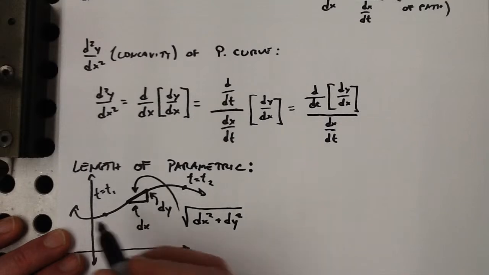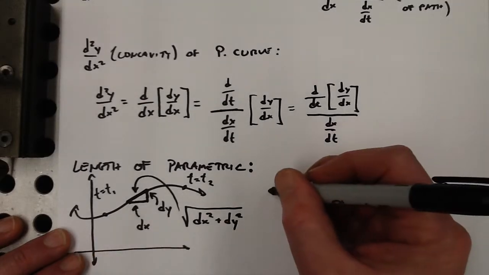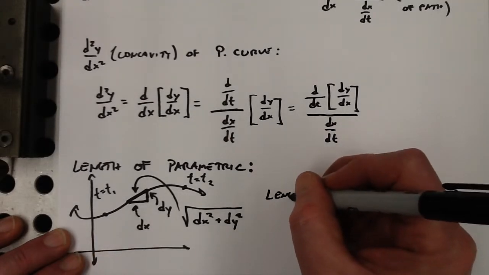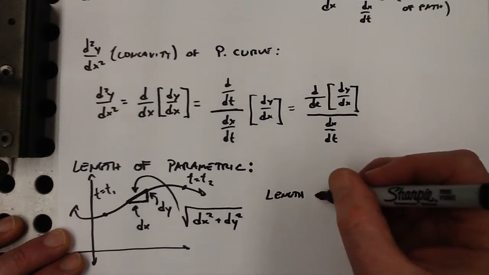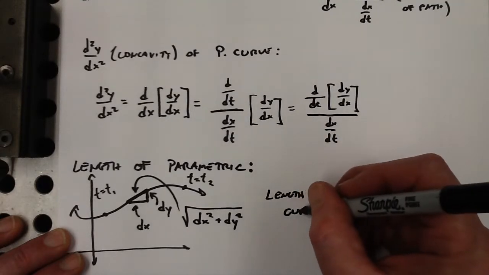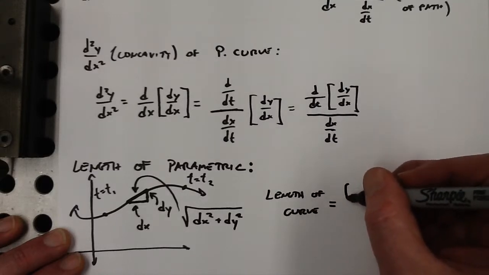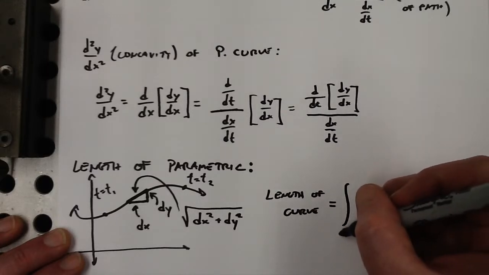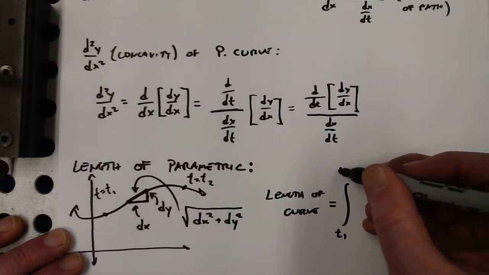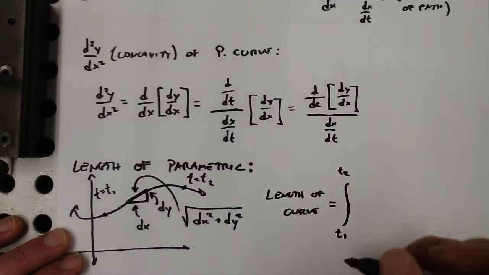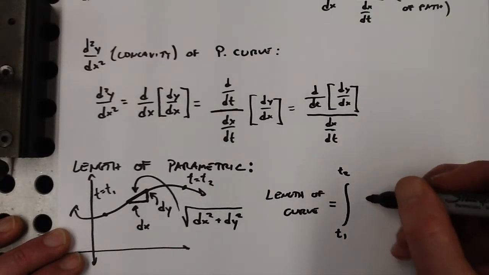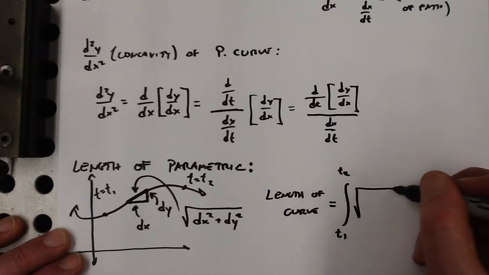And if I would like to find the length of the whole curve from t1 to t2, then I need to find the sum of all these infinitely many tiny little things. That's an integral from t1 to t2 of the square root.